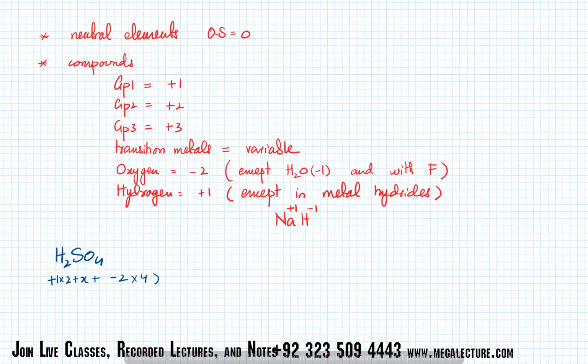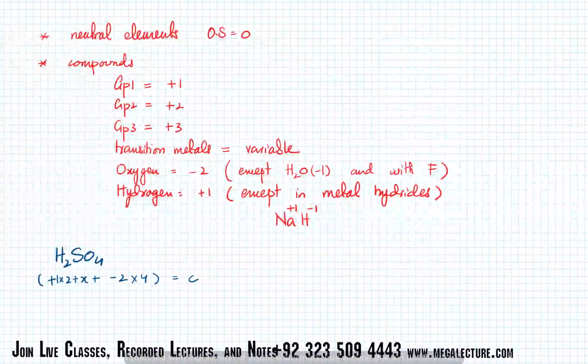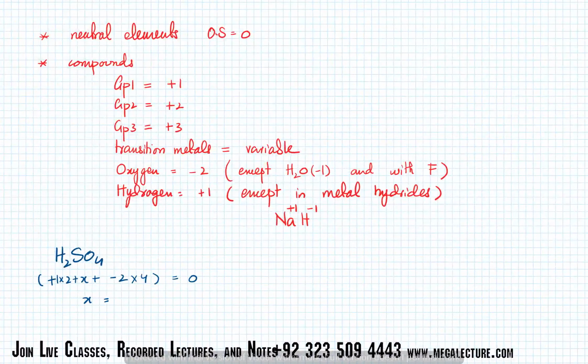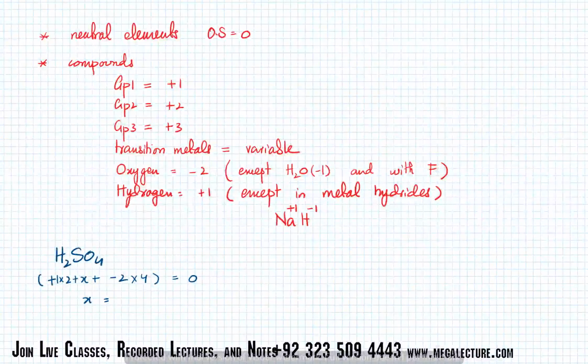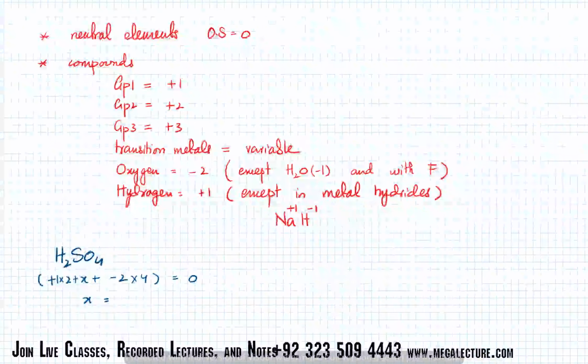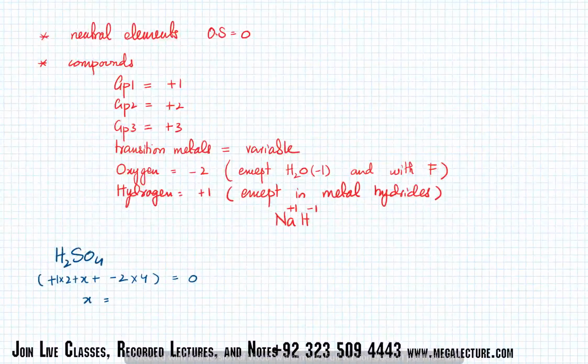I'm going to add all of them up to be equal to the total charge, which is 0. So, what's the value of X? Is it 6? So over here, it's going to be 6.